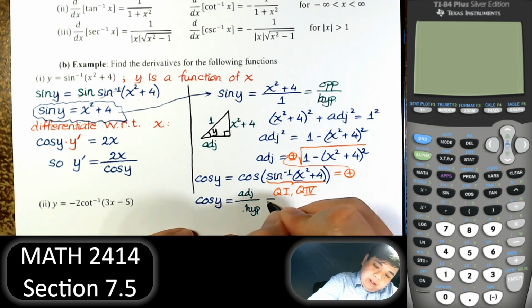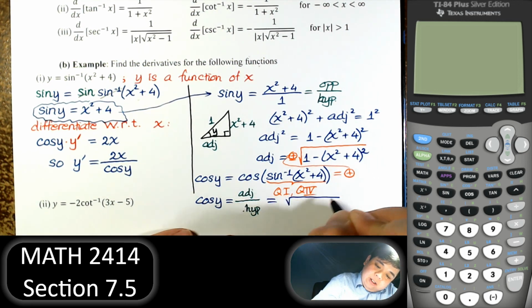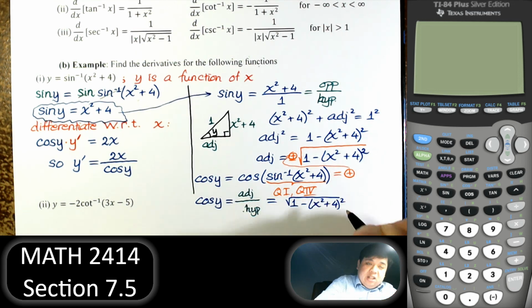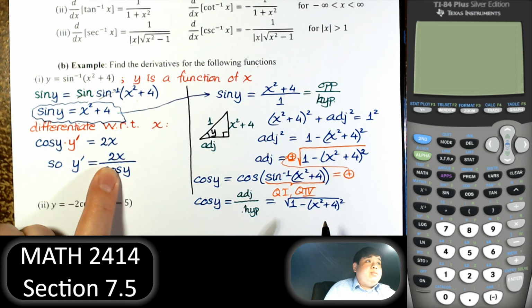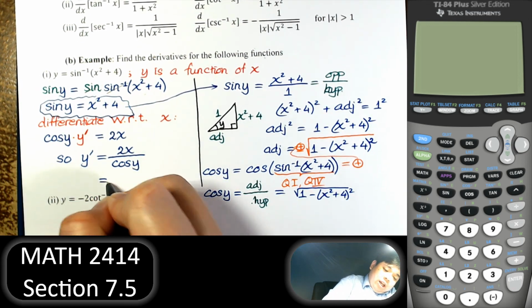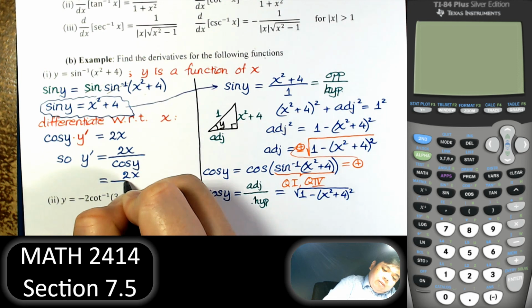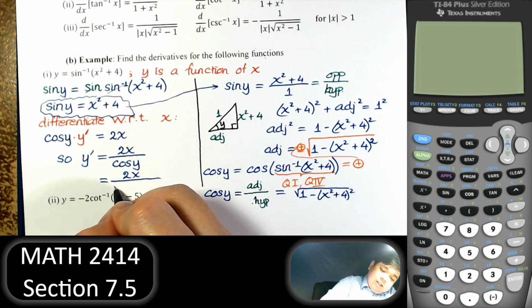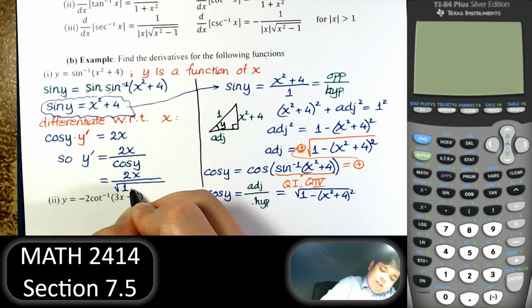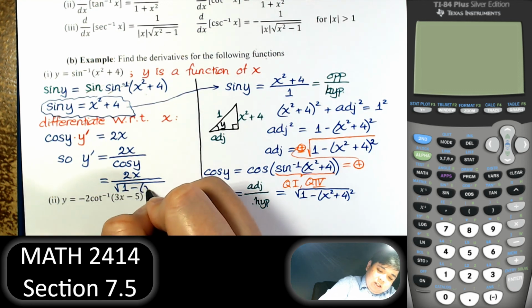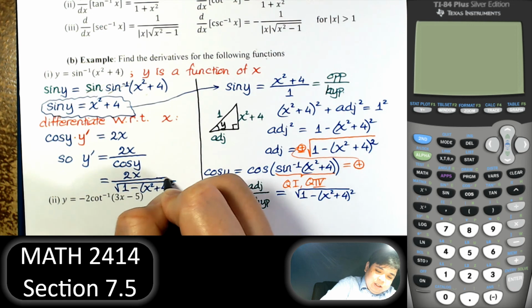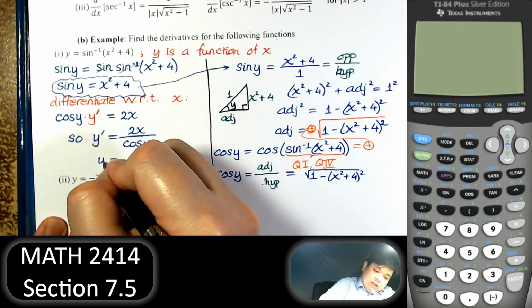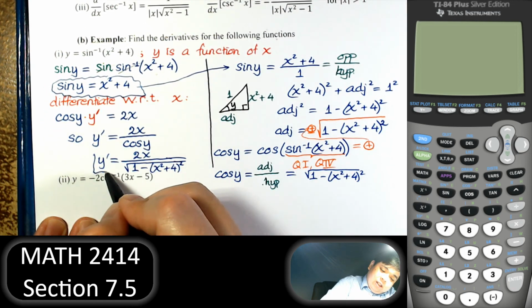So we have the positive square root of 1 minus x squared plus 4 squared, divided by 1. So that is cosine of y, and we just substitute back in here, and we have 2x over that square root of 1 minus x squared plus 4 squared. Right, so that is the derivative of y.